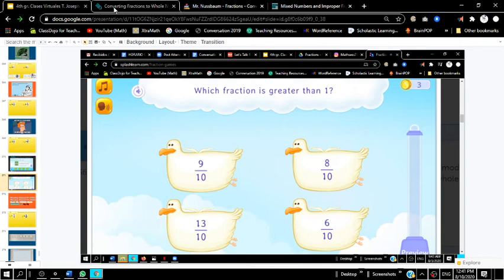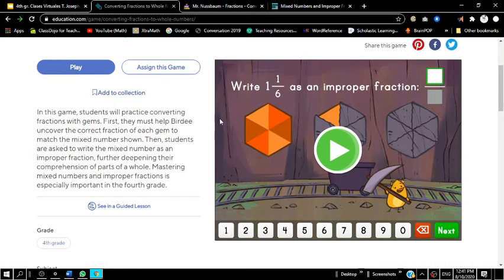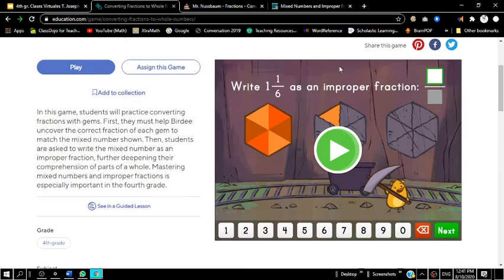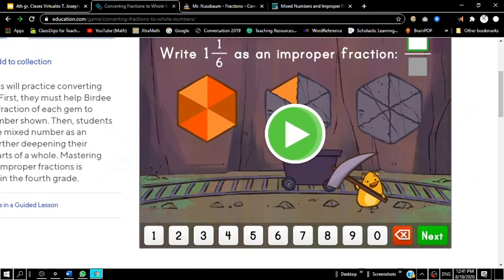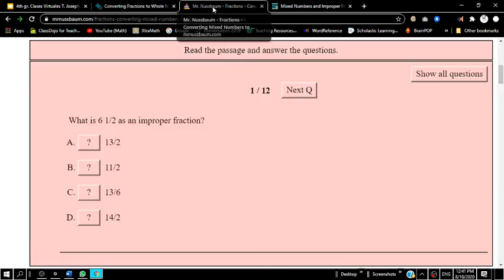The ones that I'm going to show you today are converting fractions with gems. It's kind of a neat game. You do need to sign up, but as you can see, you're trying to equate mixed numbers to improper fractions, and all you have to do is click on the numbers below. So it's relatively simple.